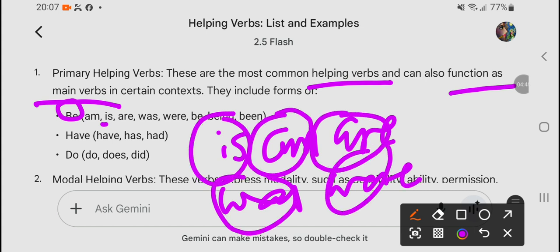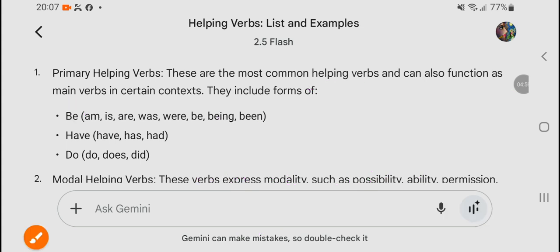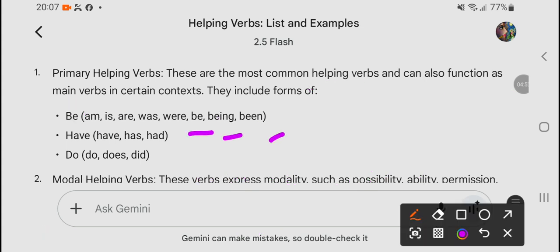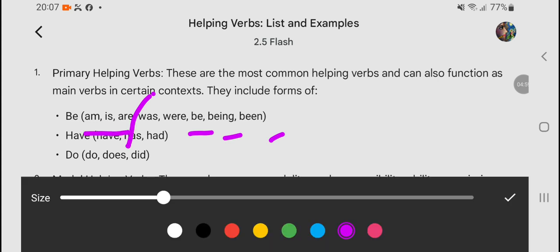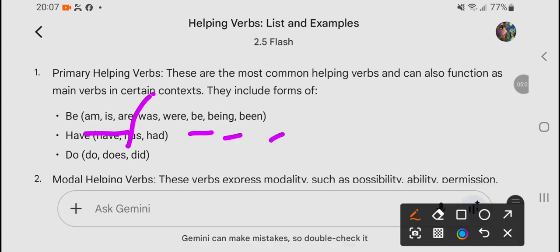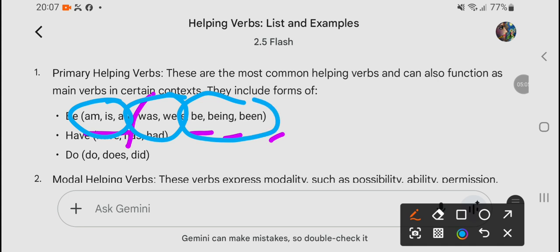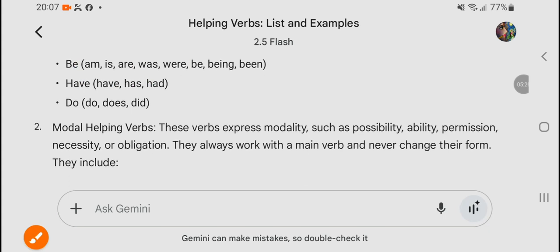Okay, now be, being, been, I had already discussed. Is, am, are, or am, is, are, this way you can make a circle, right? Is, am, are, was, were, be, being, been. If you remember, just remember this way. You will be able to remember all 8 be form helping verbs, right?